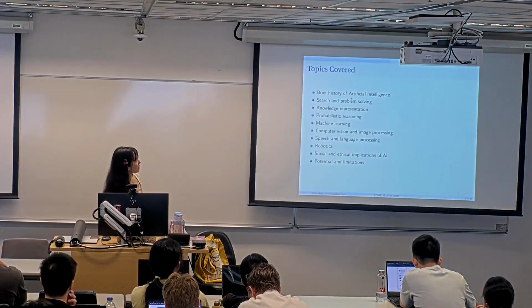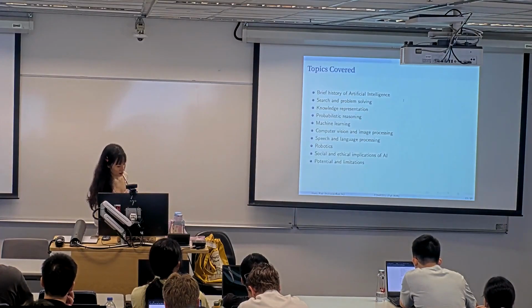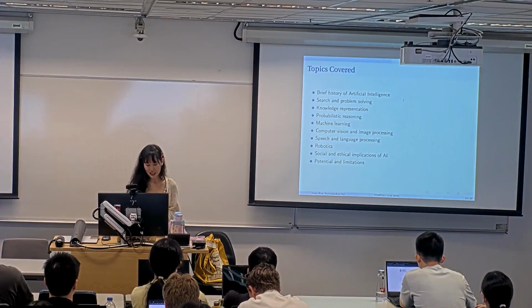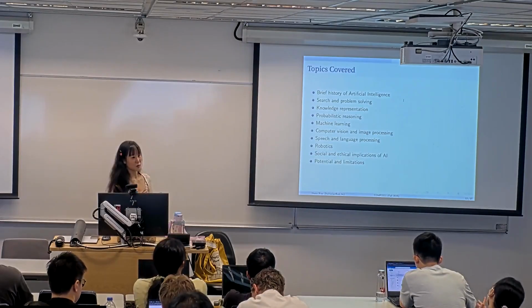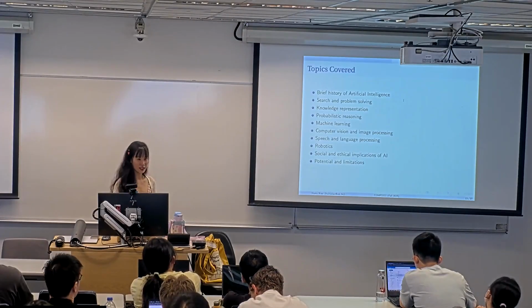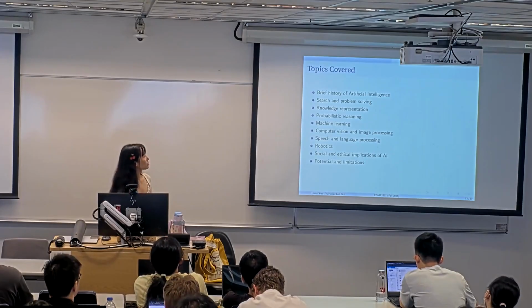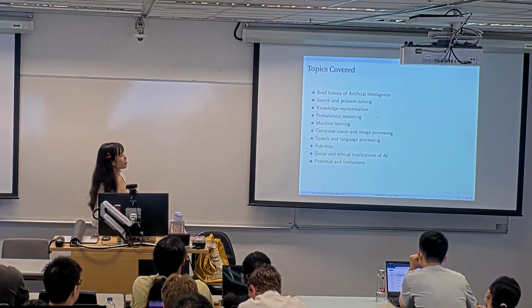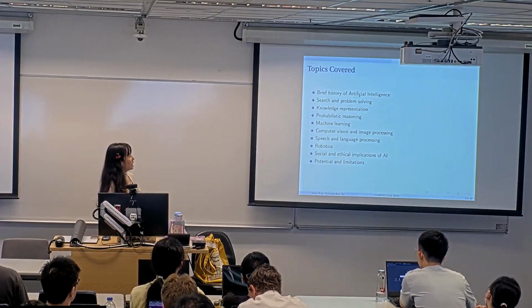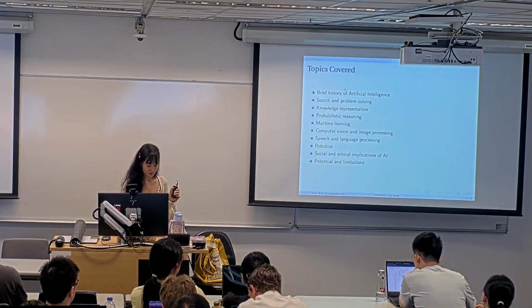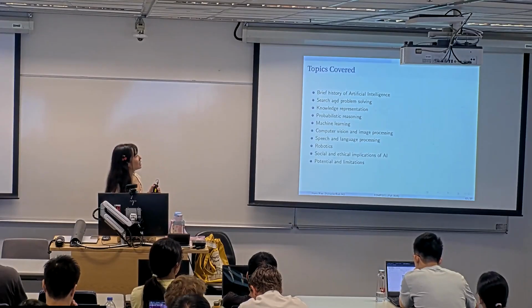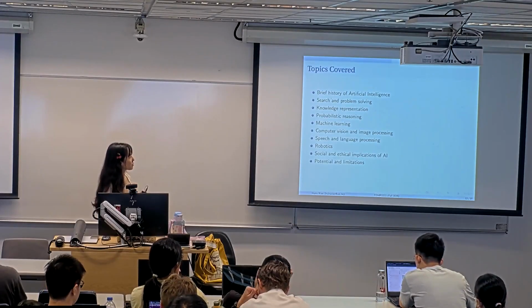Okay, this would be our next question. So, all right, now I have a basic understanding about your expectations and your background, what you expected and what you already know. So for the real topics covered, we will cover these ones. First, we will get the brief history of AI, our first lecture, and we will also cover search and problem solving.